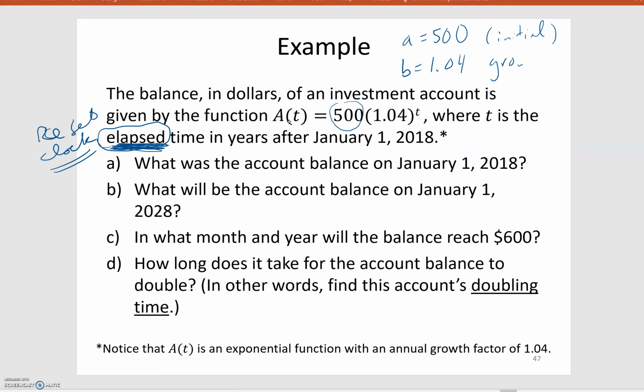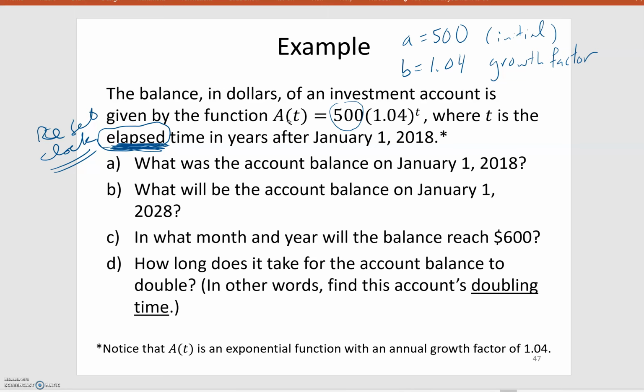That's my growth factor. And I guess that's it. Now we can look at the questions.